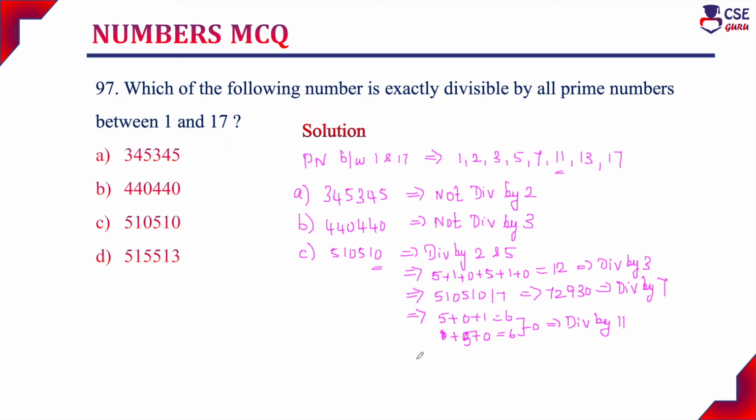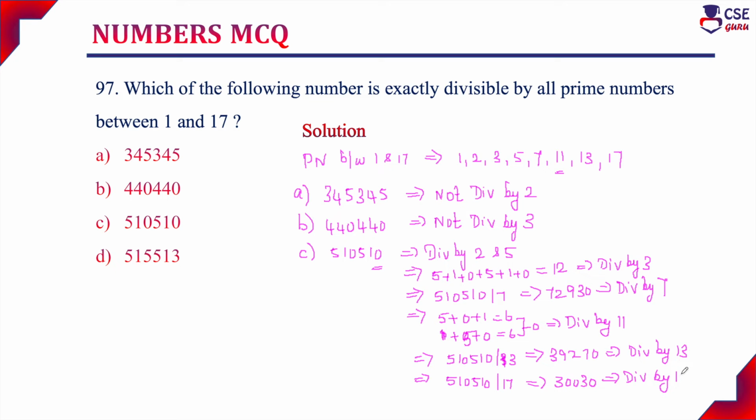And divisibility by 13 and 17, we need to check directly only. So divisibility by 13, that is 510510 divided by 13, you will get 39270. Yes, it is divisible by 13. And divisibility by 17, if you are checking, that is 510510 divided by 17, you will get the answer as 30030.